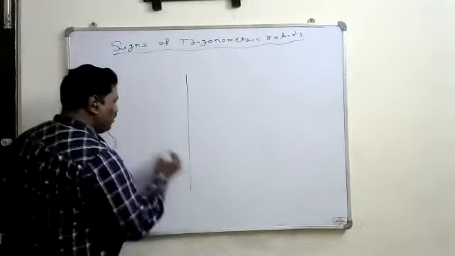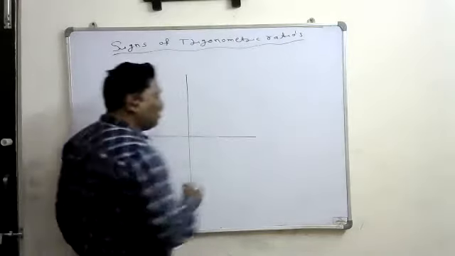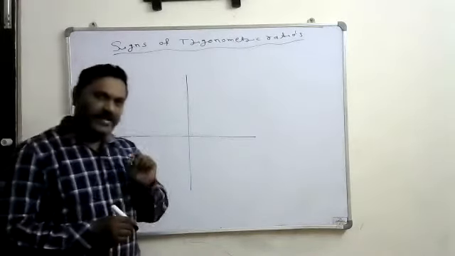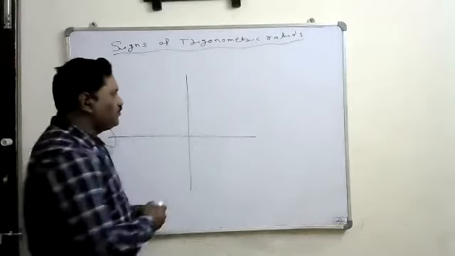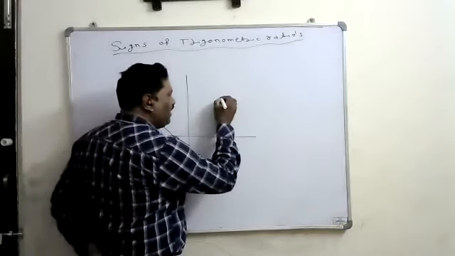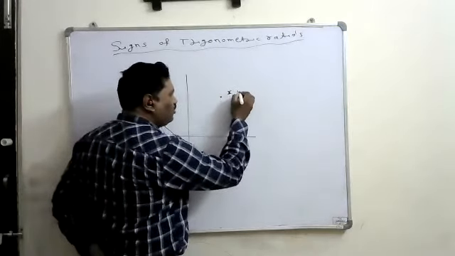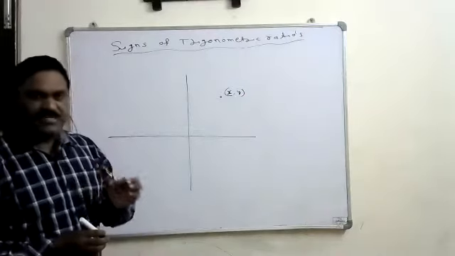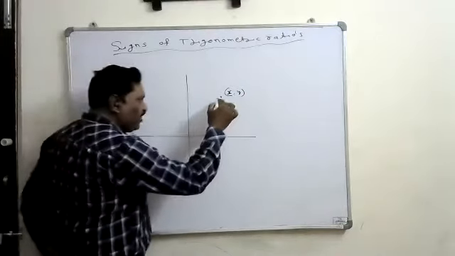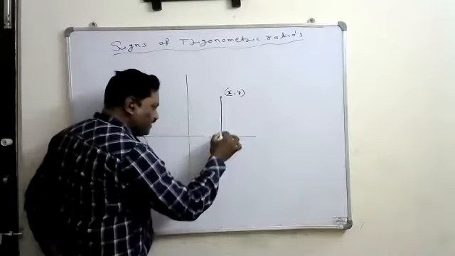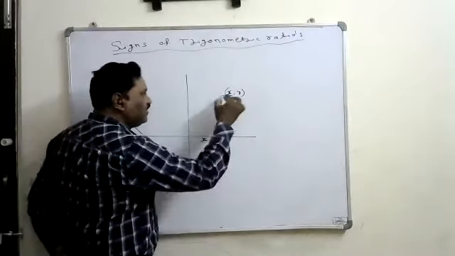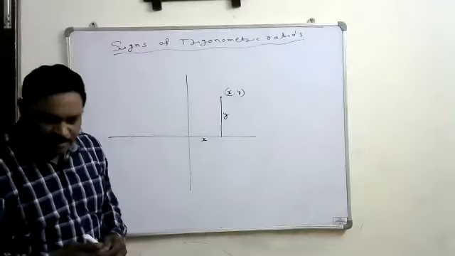All these trigonometric ratios were defined for a right angle triangle. Suppose I take a point x comma y in the first quadrant. If I draw the perpendicular from this point onto the x-axis, then this distance is y units and this is x units, so the address of that point is written as x comma y.